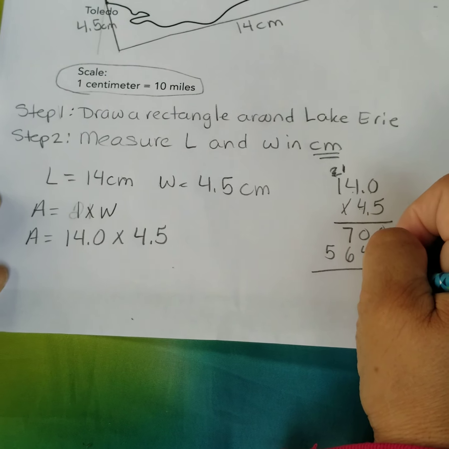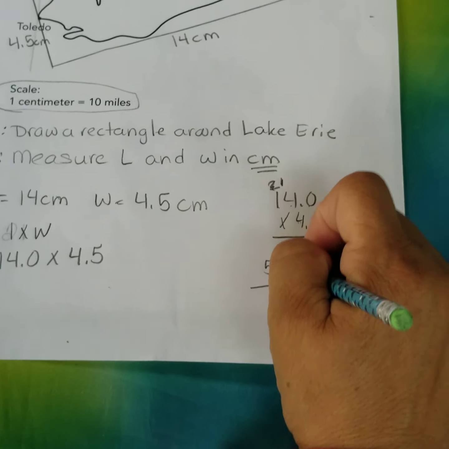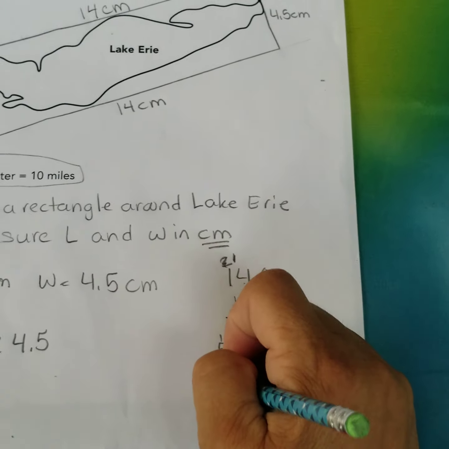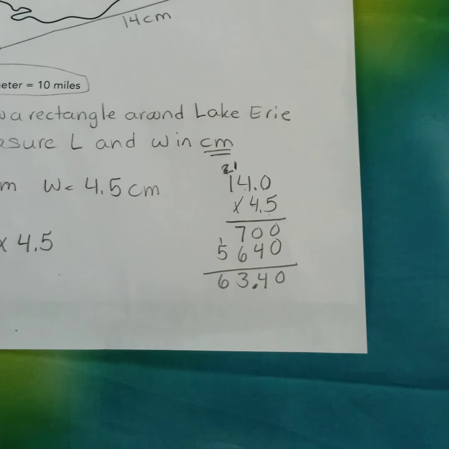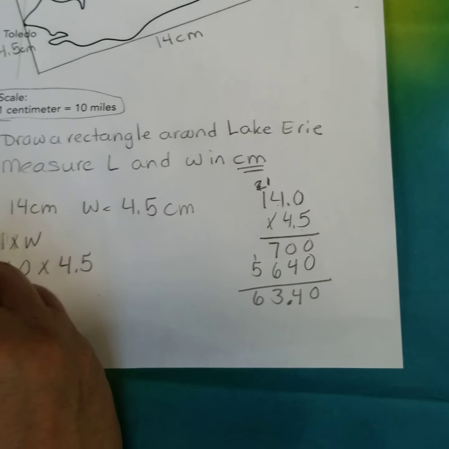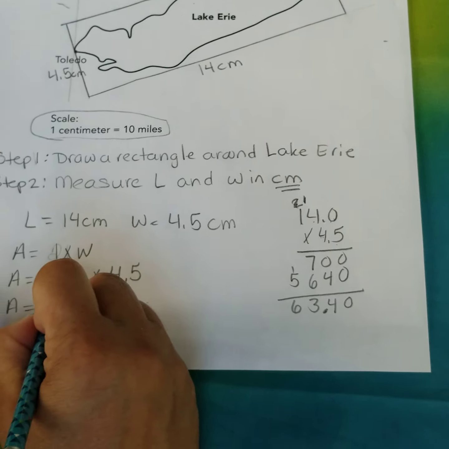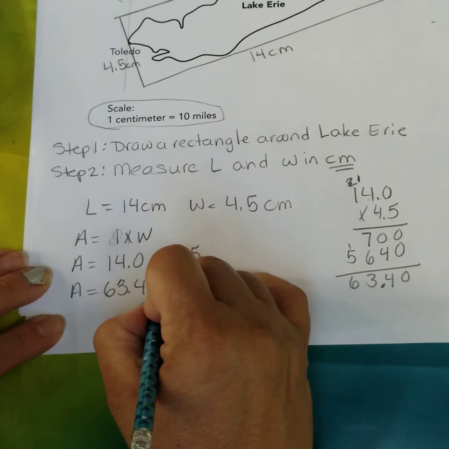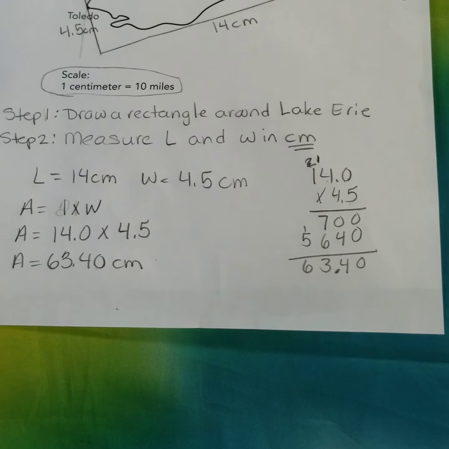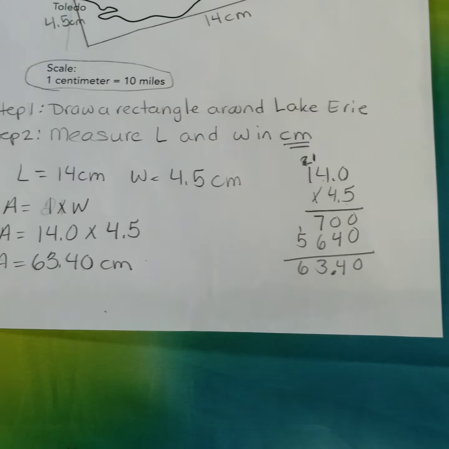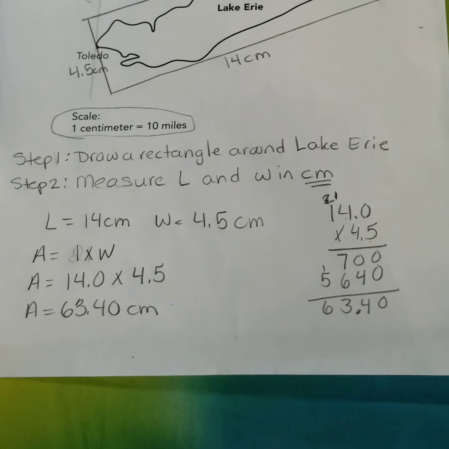I've lined my decimals up. 0, 4, 13, and 6. 1, 2 places. So 63.00 centimeters squared is my area. Okay? If I put that into miles, we add a 0.